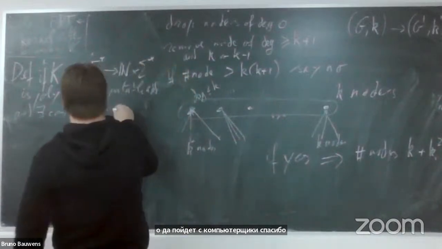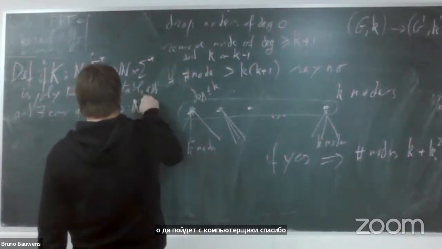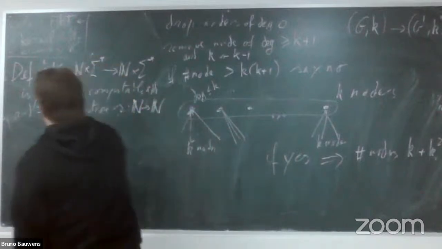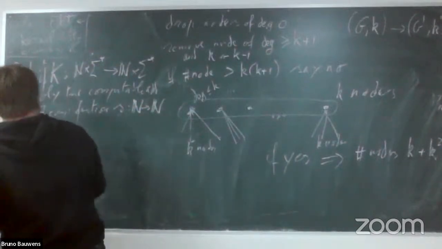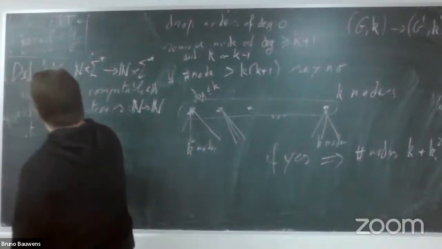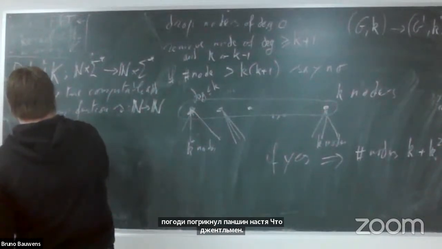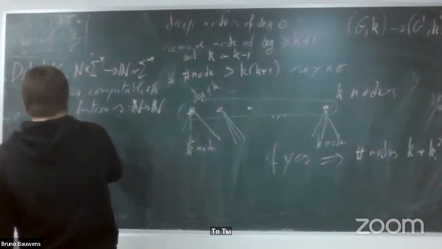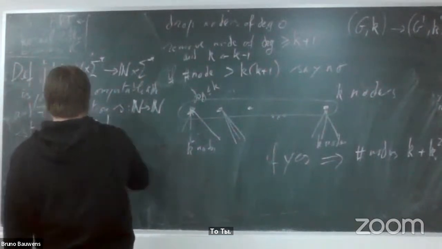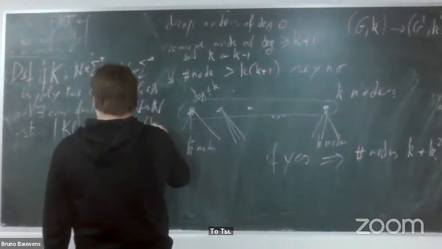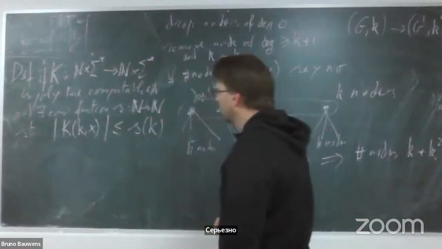Okay, a computable function S from N to N such that the size of the output x' is smaller than S of k.